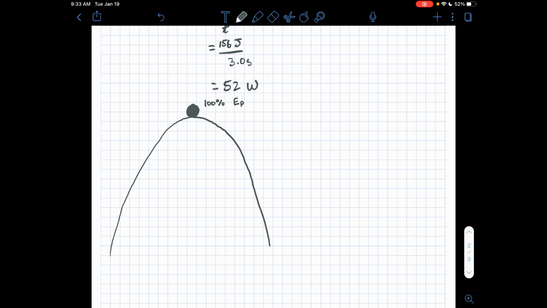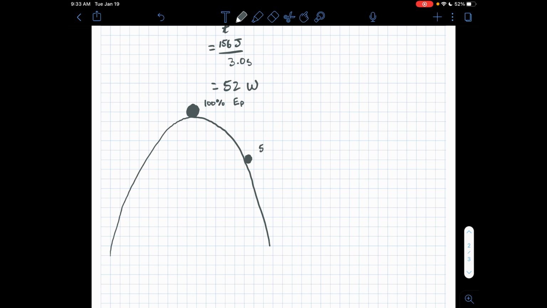And as it is falling back down, this energy is once again being transferred from one form to another. And this time, instead of while it was going up, it's going down now, so the potential energy is now being transferred into kinetic energy.